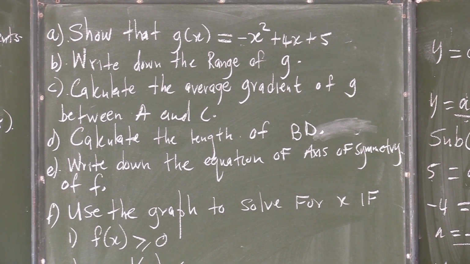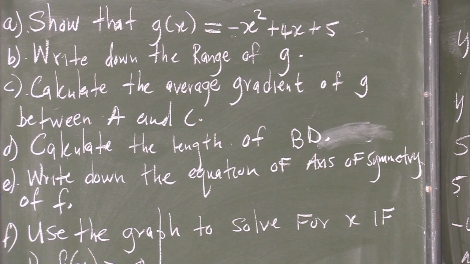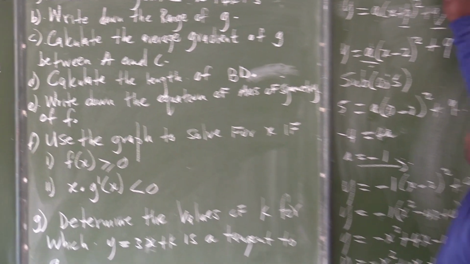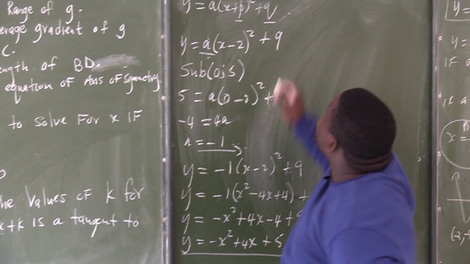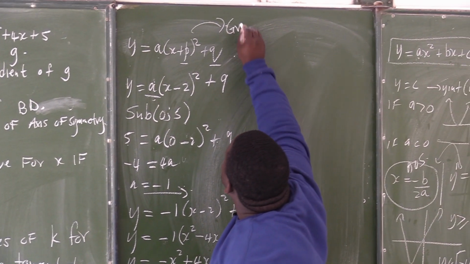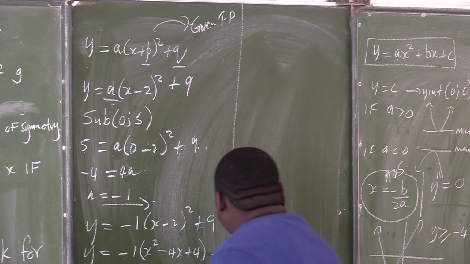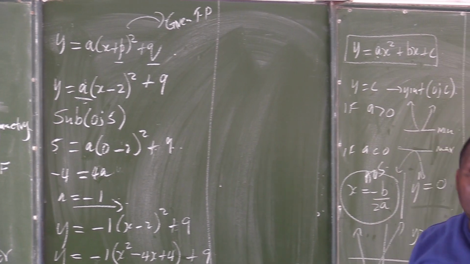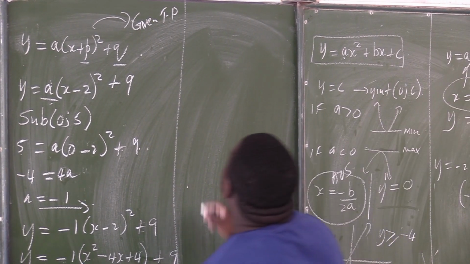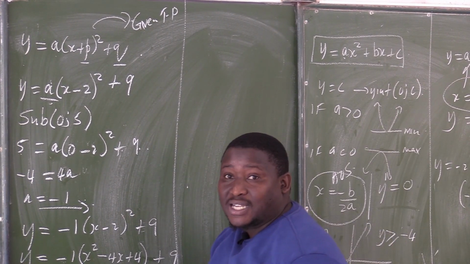Before I move to the next question, I need to emphasize this again. We only use this one to find the equation if we are given the turning point. So what if we are not given the turning point? What if you are only given the x-intercepts?